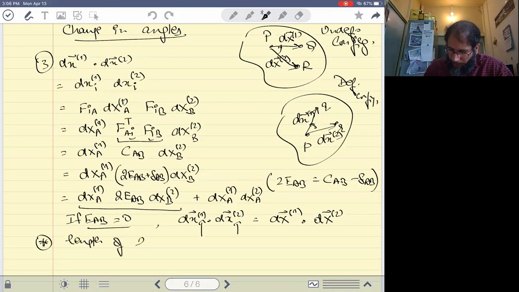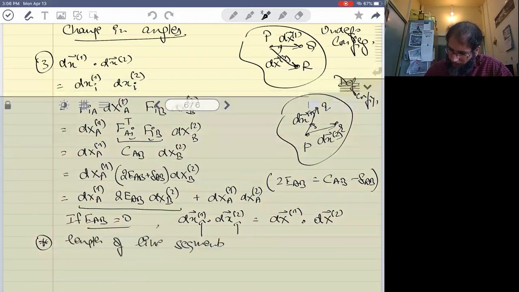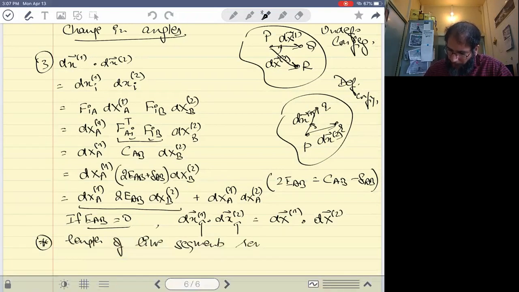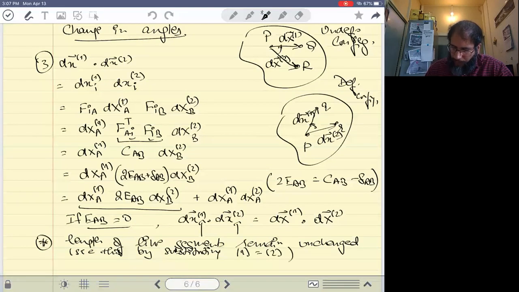So the length of line segments remain unchanged. So in the bracket I'll write, see this by substituting 1 equals 2.